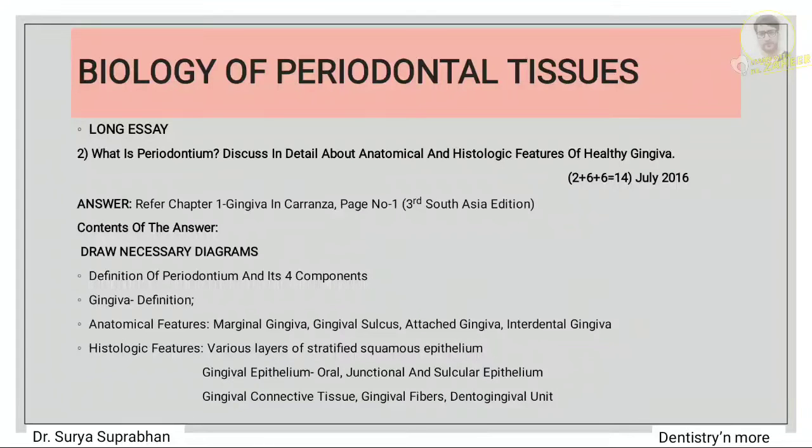Under gingival epithelium, add a note on oral epithelium, junctional epithelium and sulcular epithelium. And after that, write about the gingival connective tissue, then about the gingival fibers, and also mention the dentogingival unit.